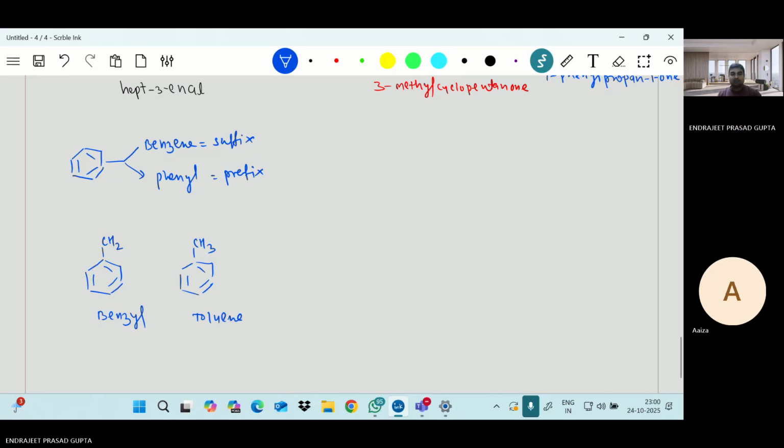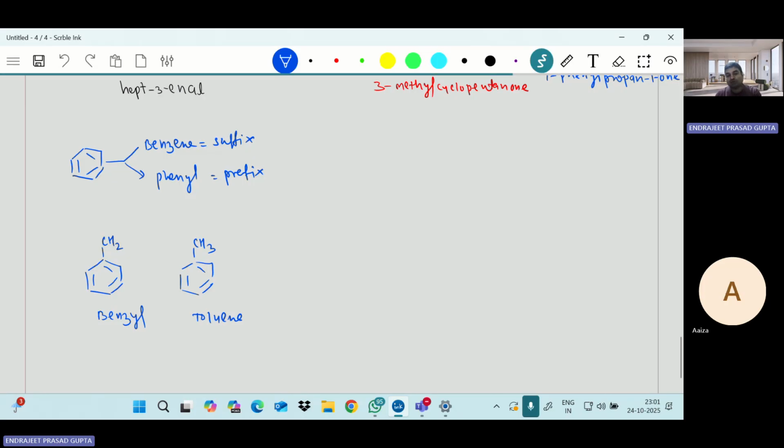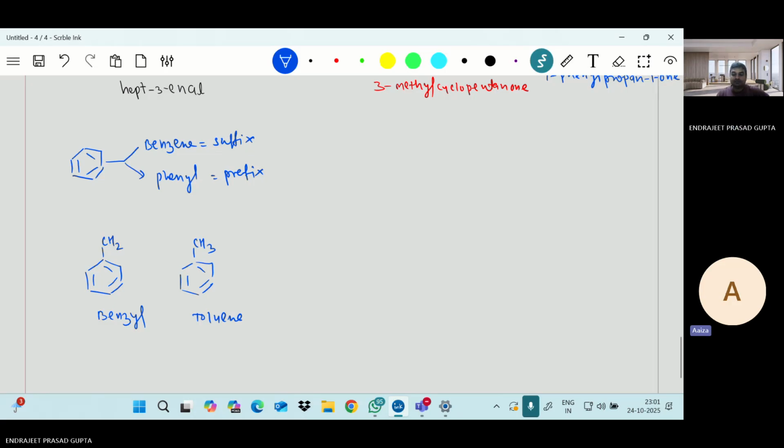So benzyl means CH2 attached to the benzene ring. In aliphatic carbon, you can add YL: methyl, ethyl, propyl, butyl, pentyl. Not in aromatic. Am I clear?